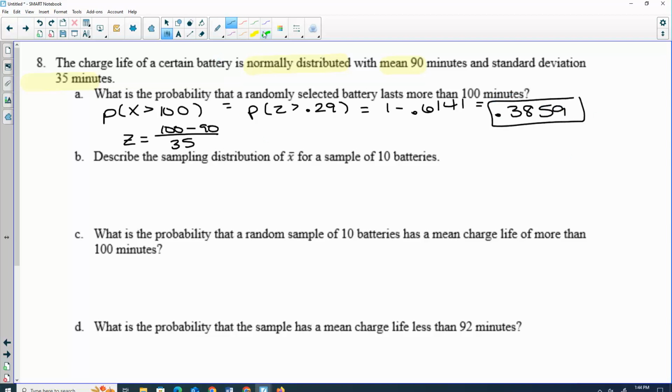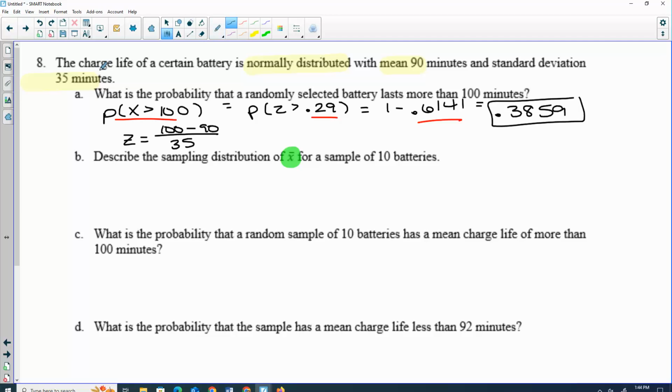Make sure you're showing me all the work. This is what we're trying to find. Here's my Z, there's my probability, here's my final answer. Then I switch and I start talking about the sampling distribution for X bar.